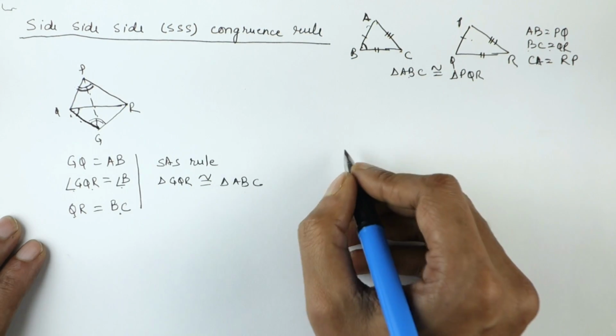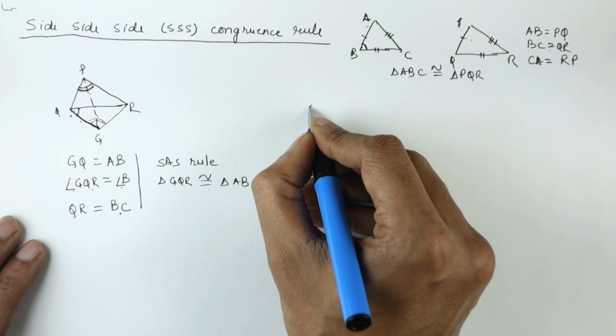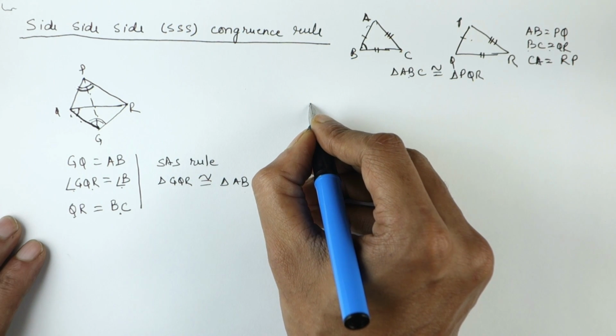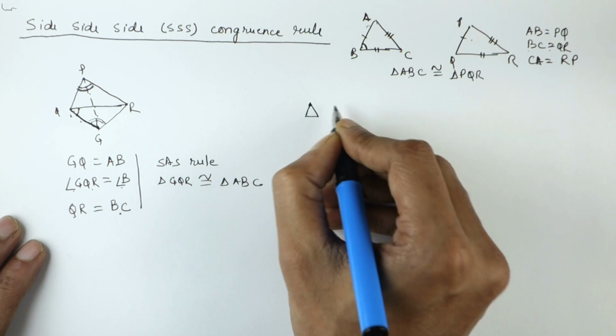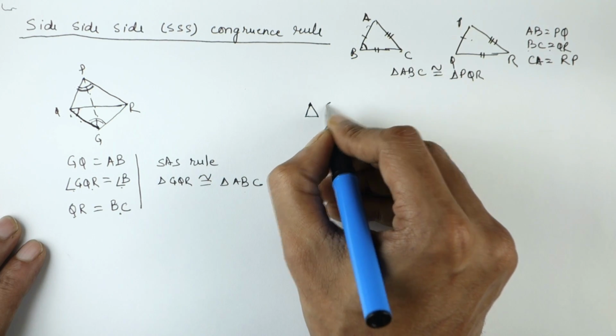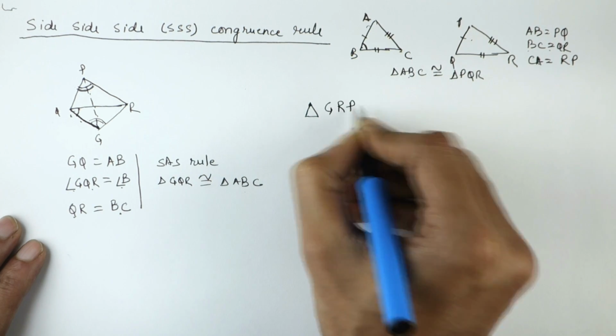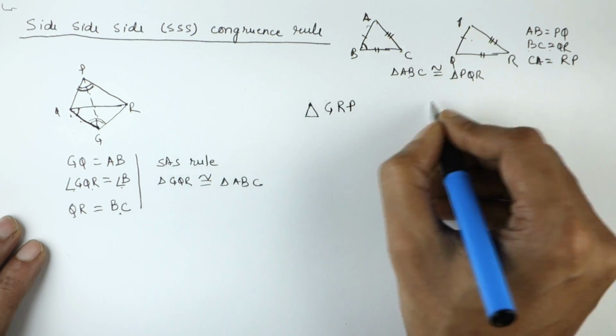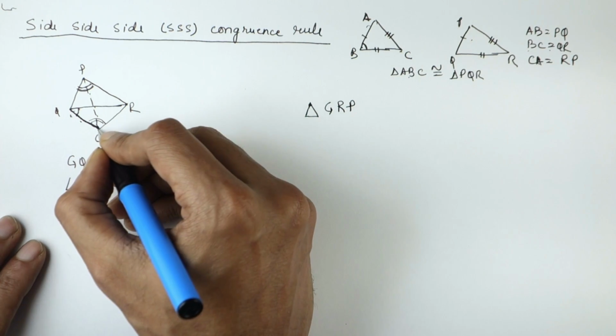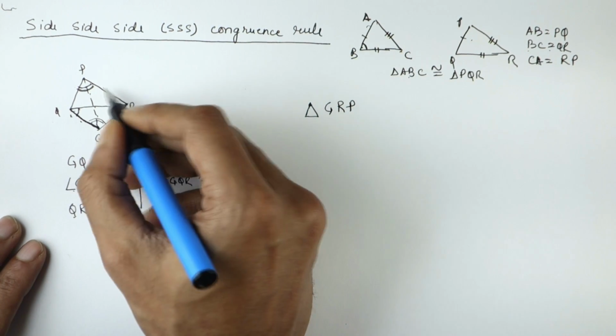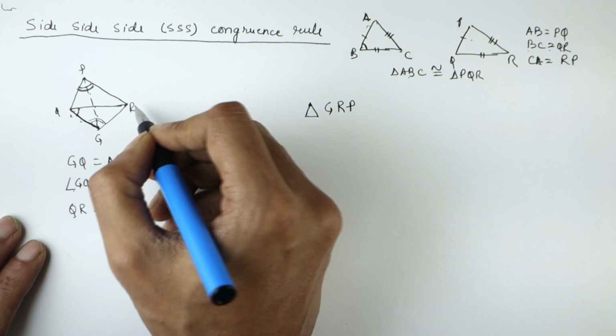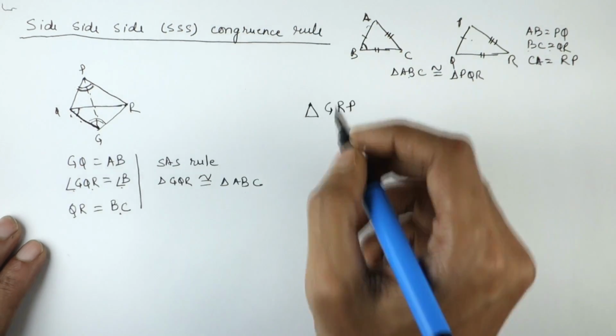We will do it again in two steps. Step number one will be to compare the triangle. Look at the triangle GRP, and in this triangle specifically look at sides GR and PR, or GR and RP.